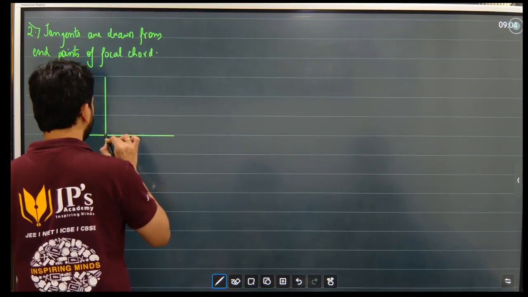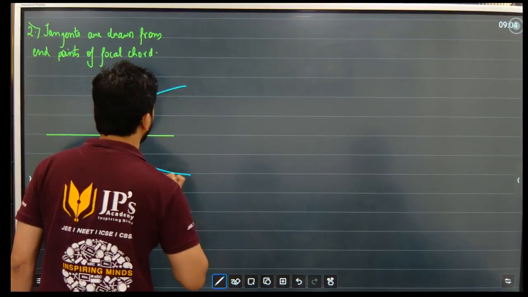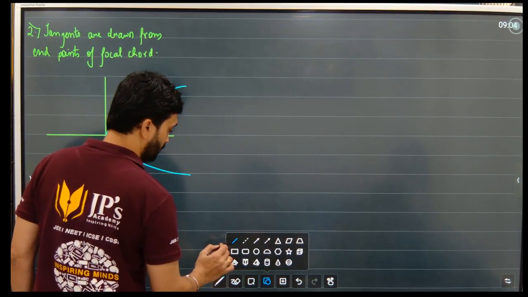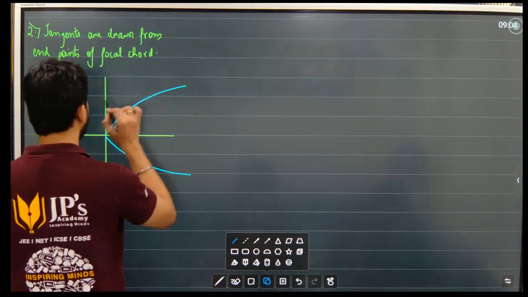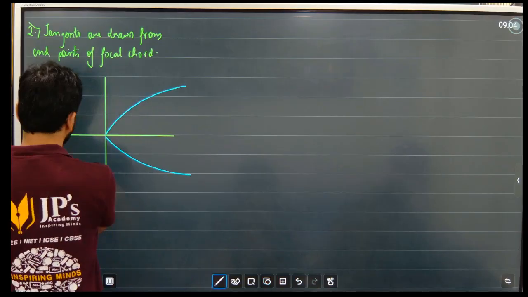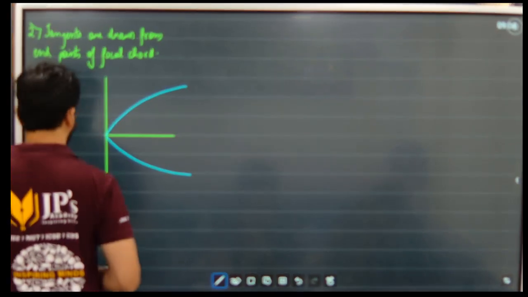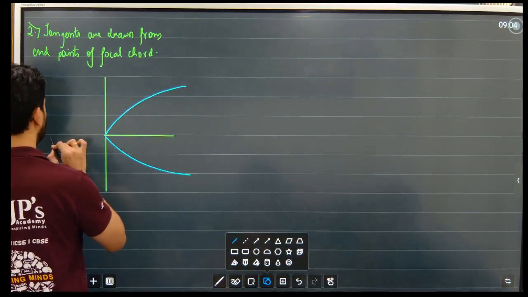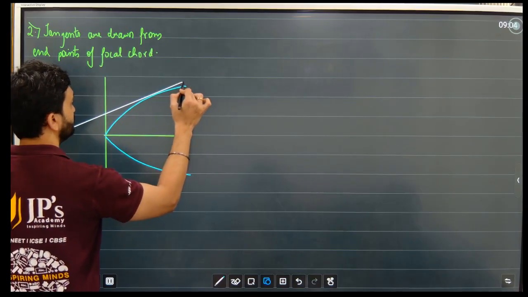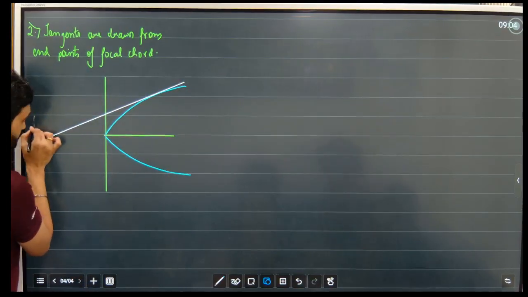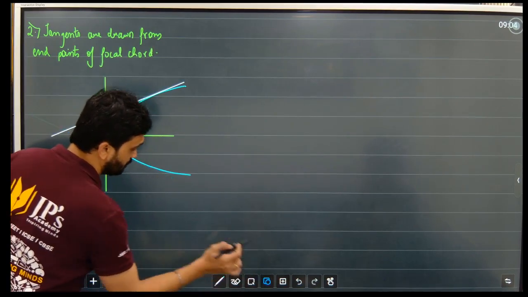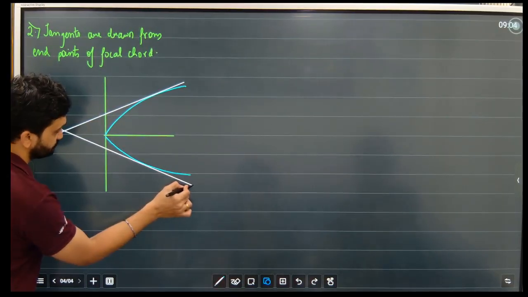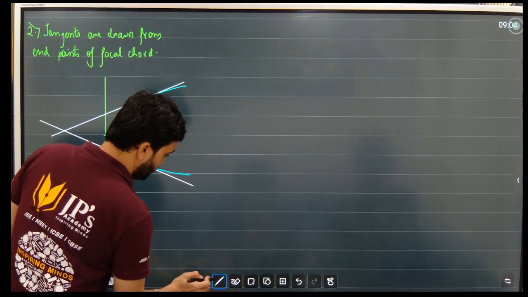So let's take an example. This is my first parabola. Now I'll draw tangents from the end points of the focal chord. Let's take the tangent, let me draw this first for our understanding. I'll draw the first tangent, then the second tangent.